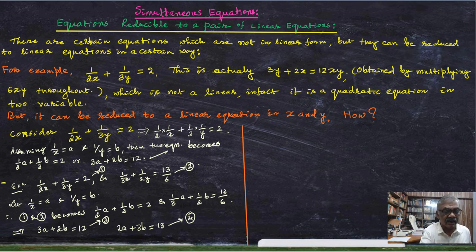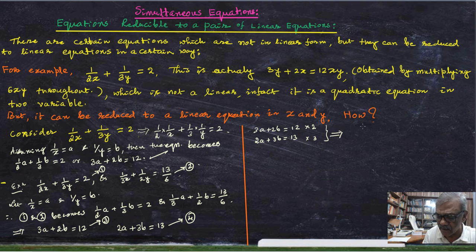Now you can see, solving these two equations, 3a plus 2b equal to 12 and 2a plus 3b equal to 13, multiply the first by 2 and the second by 3.